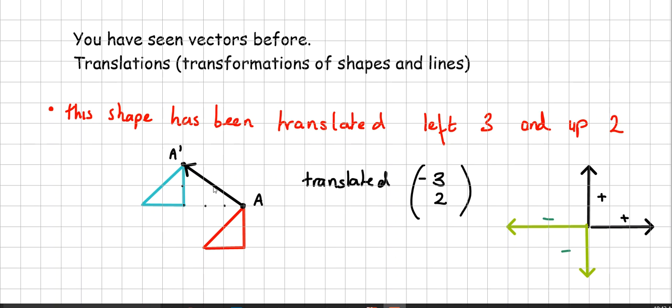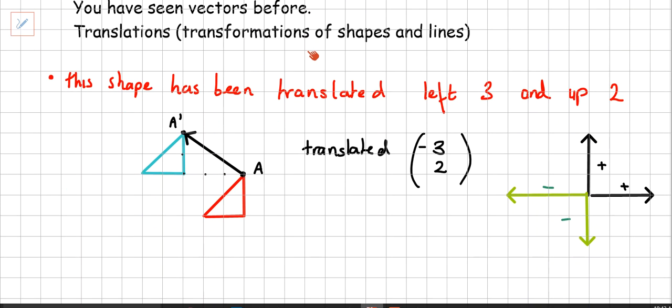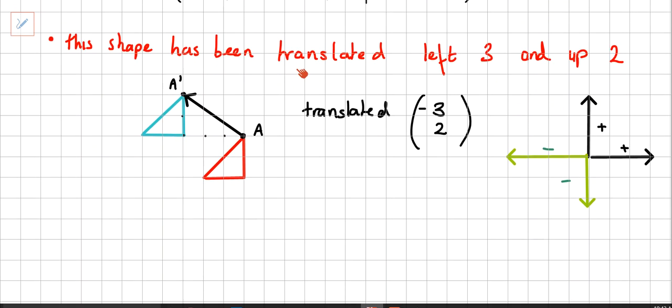So what we've got here is a direction. What I said just up here was magnitude and direction. What do you think the magnitude could represent? Do you know what magnitude means?